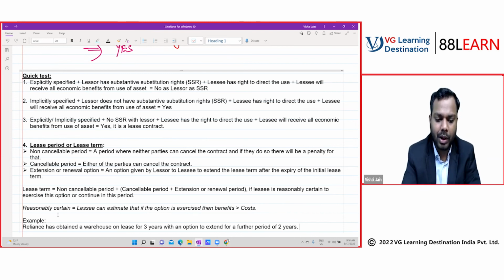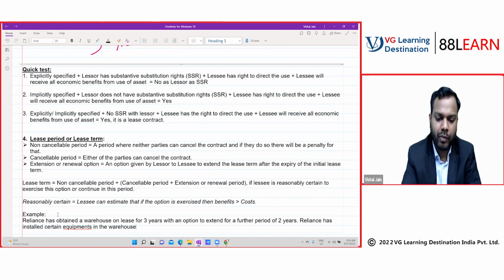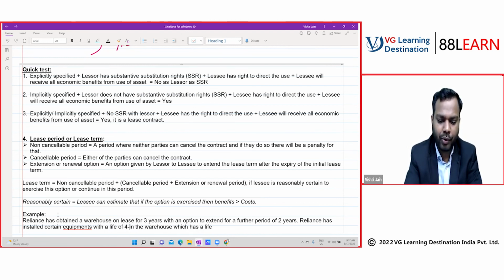Now Reliance has installed certain equipment in the warehouse, equipment with a life of 4 to 5 years.